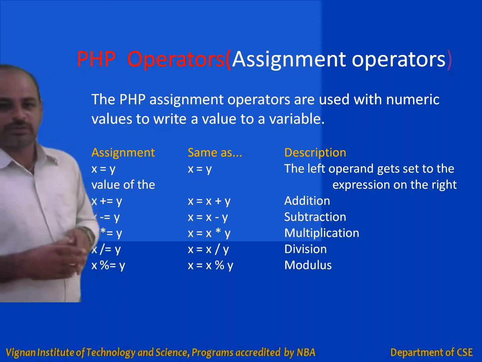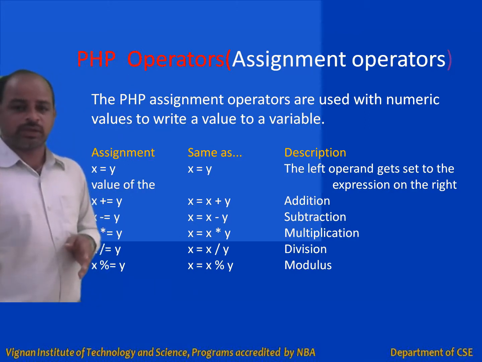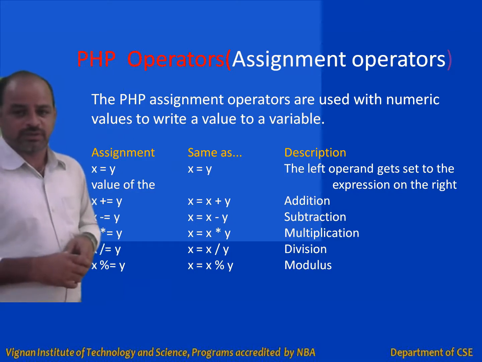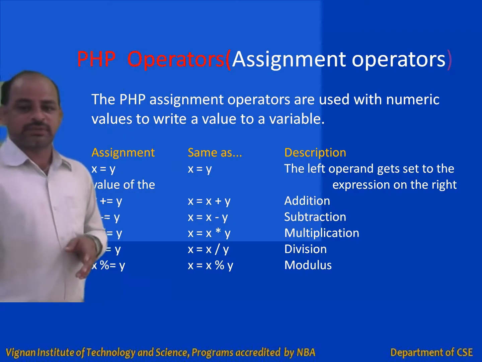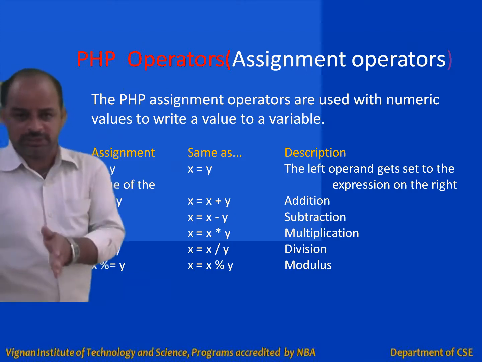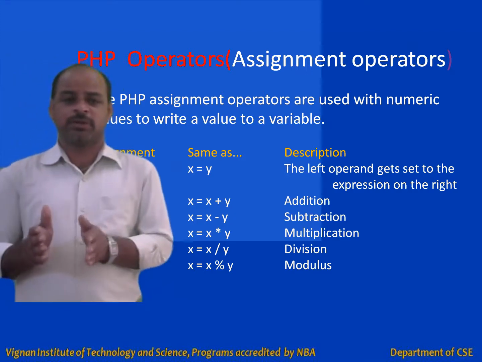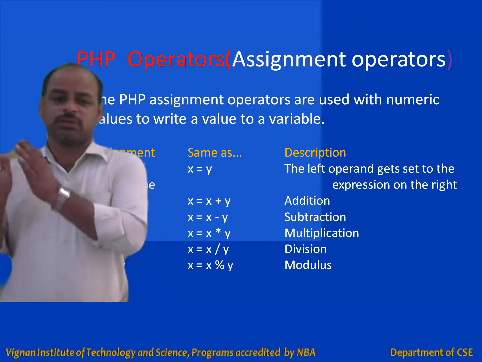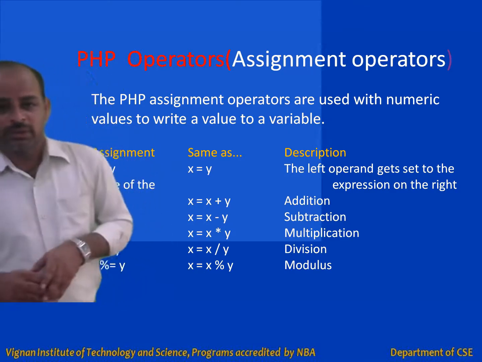You can see the symbol x is equal to y stores the value of y into x, right? The left hand gets set to the expression on the right hand. If any expressions are there, the right side of the assignment operator is evaluated first and the result will be stored into the left hand variable.